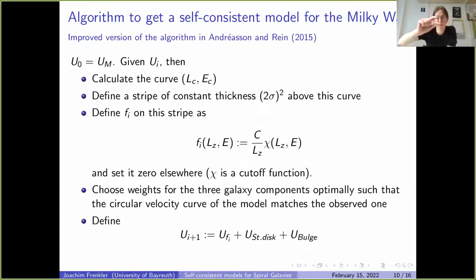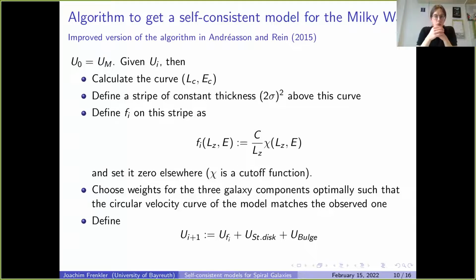This was the orange stripe that you have just seen before. On this stripe, we define our distribution function Fe, exactly like the one for the Mestel disk: a constant divided by Lz. We multiply this by a suitable cutoff function K, which cuts out a central section of the orange stripe, and we set the distribution function to 0 elsewhere.